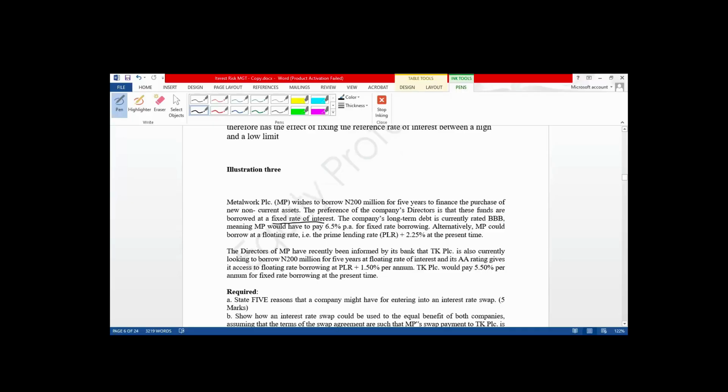That means without swap, Metalwork PSC would have paid 6.5% for its borrowing. By arranging a swap, the company is able to borrow at 6.375. That has reduced the cost of borrowing for Metalwork. Look at the next paragraph.